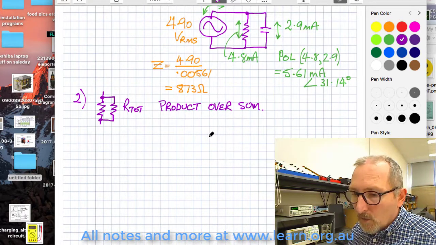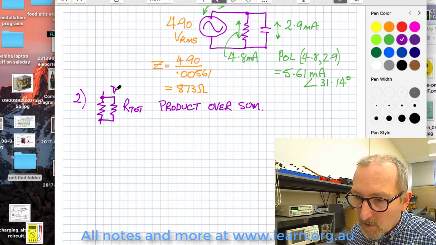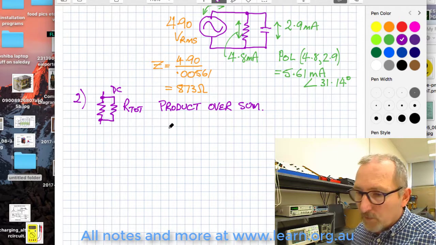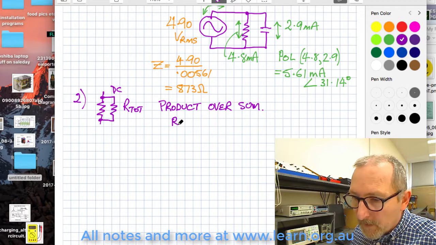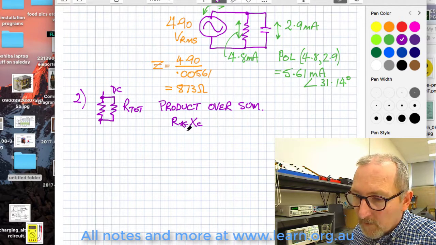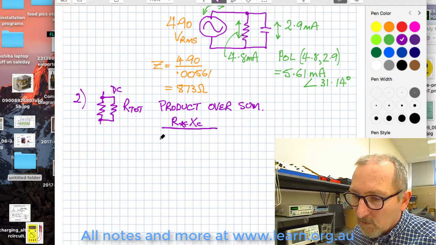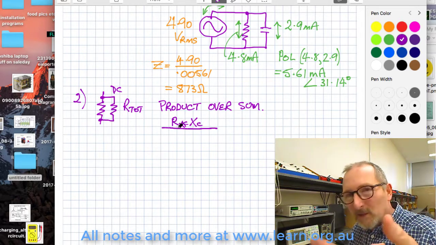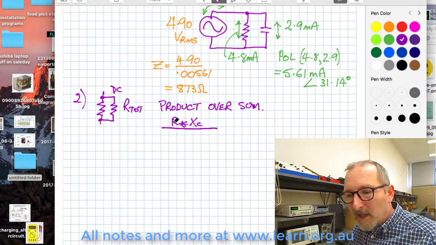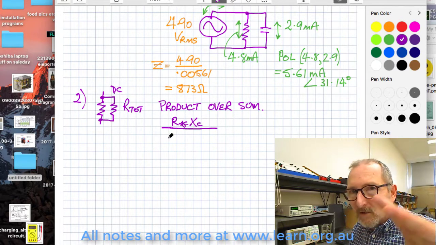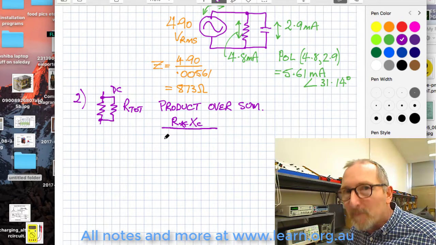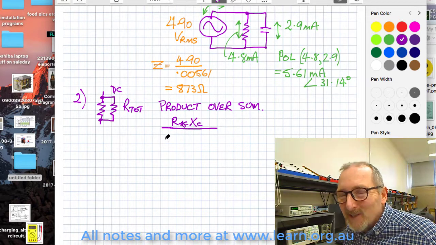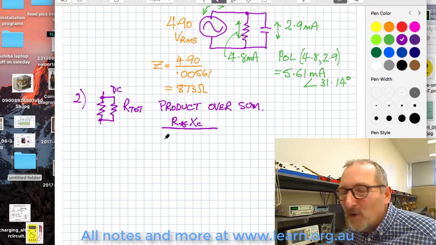So this was for the DC equivalent circuit. Product over sum here is going to be R times XC divided by the sum of them. It's product over sum: the multiplication of the two variables divided by the sum of them, and it can't be an algebraic sum because it's an AC circuit with things happening out of time with each other.